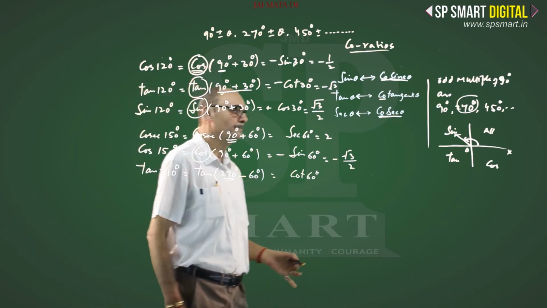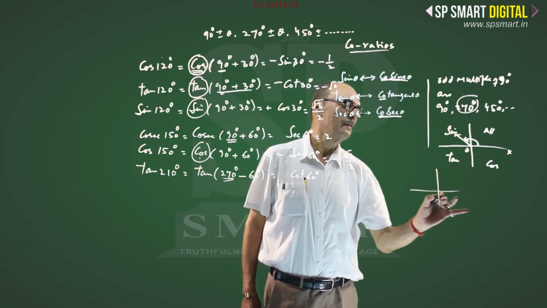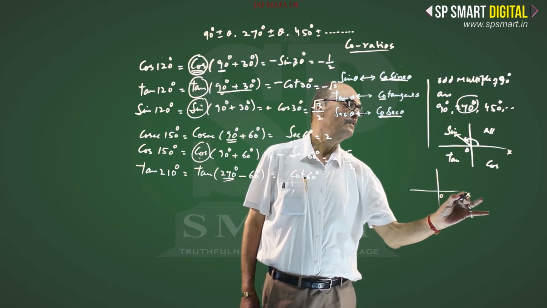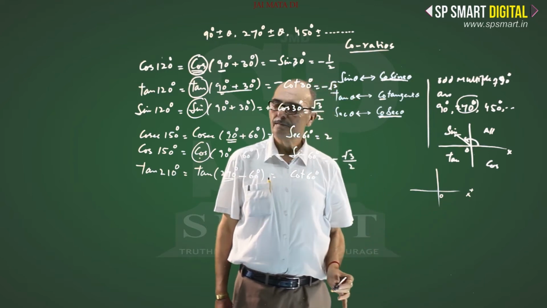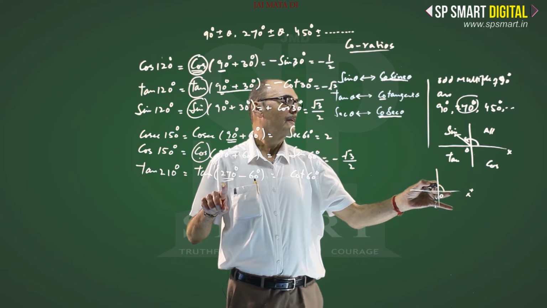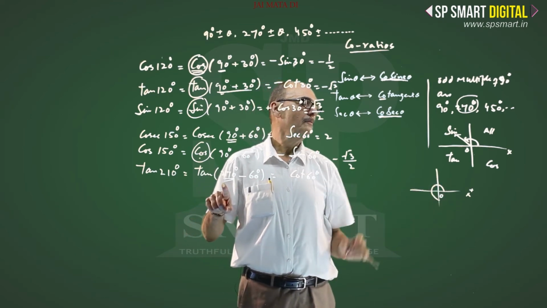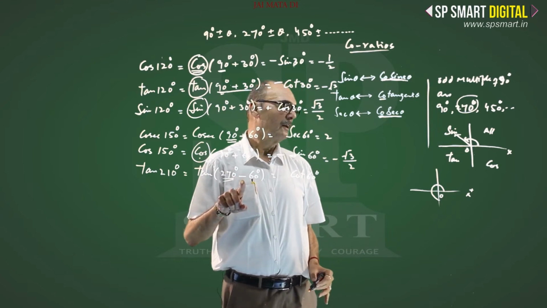See how? This is your y-axis, this is the x-axis. The revolving line always starts from O plus x. 270 degrees is 90 plus 90 plus 90, and then minus 60.